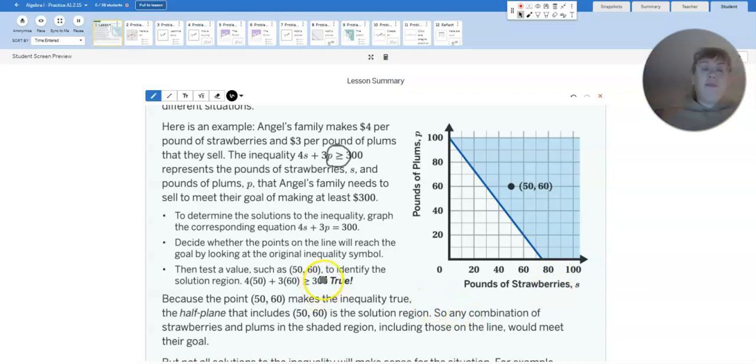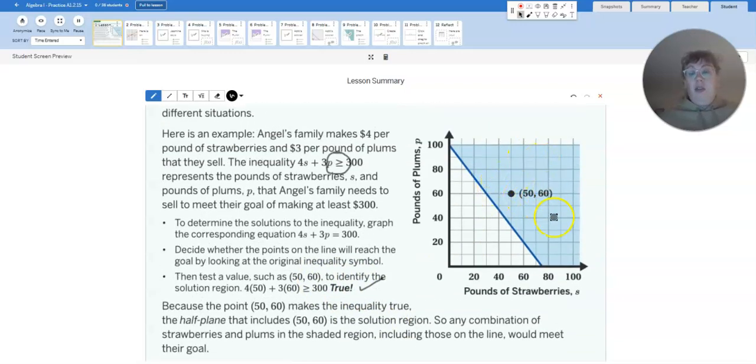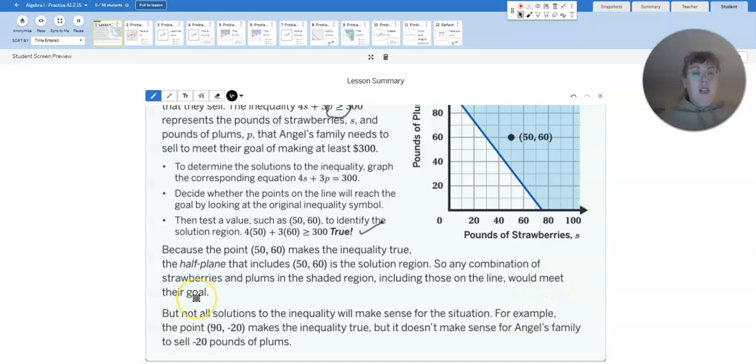And then they tested this point 50, 60 and got a true statement. So the solution is shaded above, which makes sense because it was greater than, so we're going to shade above. So any combinations of strawberries and plums in the shaded region would give them at least their goal or more.